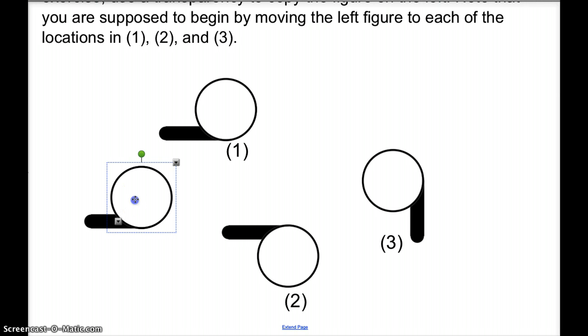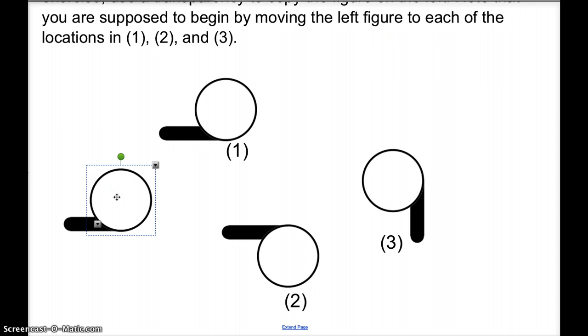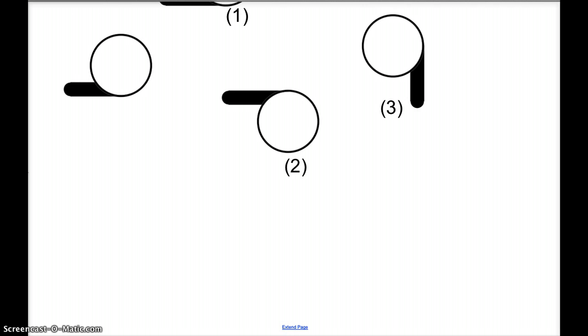Well, it's the exact same shape, it's facing the same direction, so all I would need to do is just slide it right over there and it would lay right on top. So down at the bottom, in that empty space, we are going to write that we would slide to get to number 1. That's all we have to do for that one.